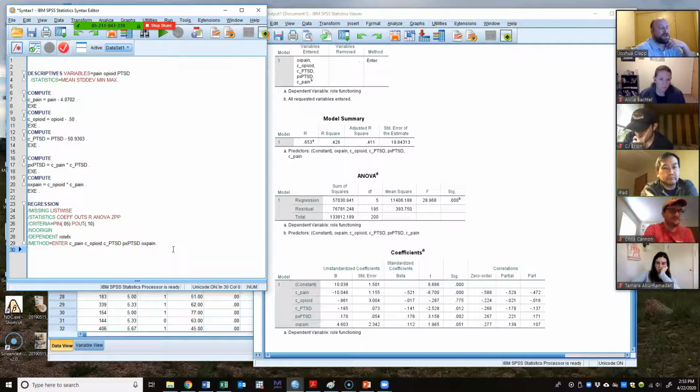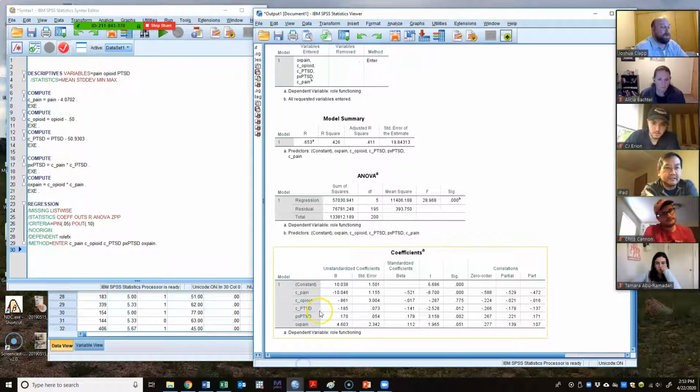And Sean, because opiate use is a dichotomous variable, how might I do this? You've centered it, so you're going to have an average of user and non-user as your base point, I guess. Right.